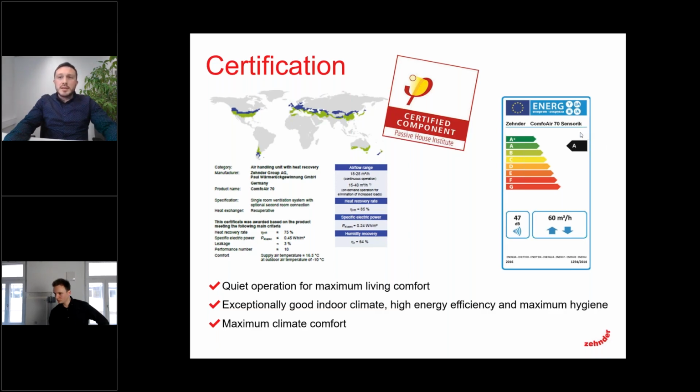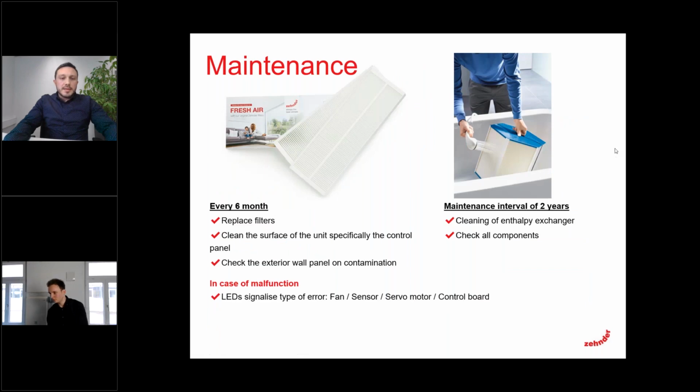But to guarantee this maximum hygiene and the high efficiency, you should also do something from time to time. And this is to carry out some maintenance that is required from time to time.